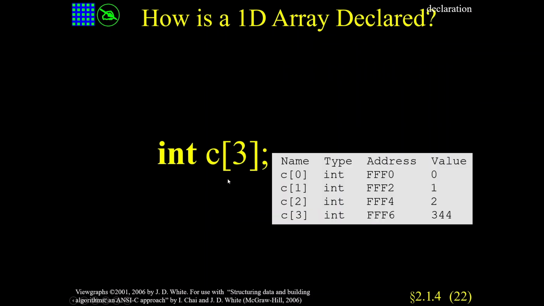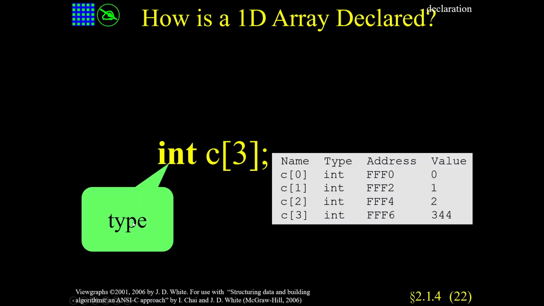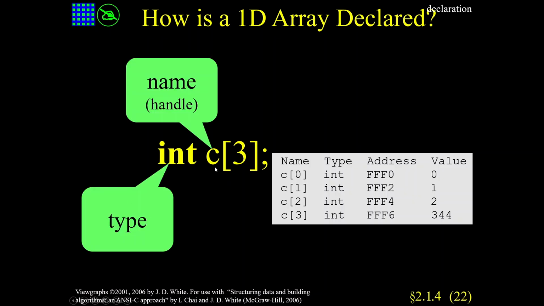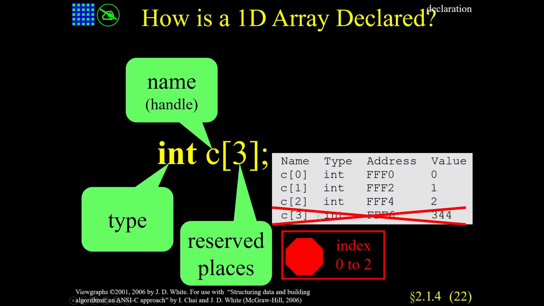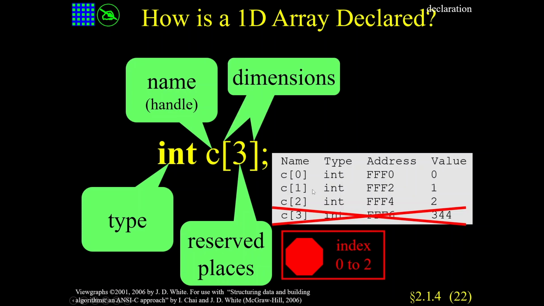So here's how we declare the array. We have the type. We have the name of the handle. We have how much memory we need to reserve. So we have 3 pieces of memory, but there's no such thing as C3. C3 doesn't exist. It goes to C2 because arrays go 0, 1, 2 in C. And we have how many dimensions we want.